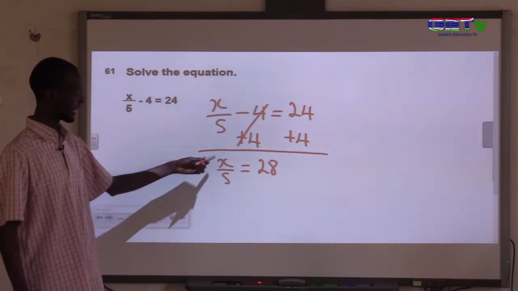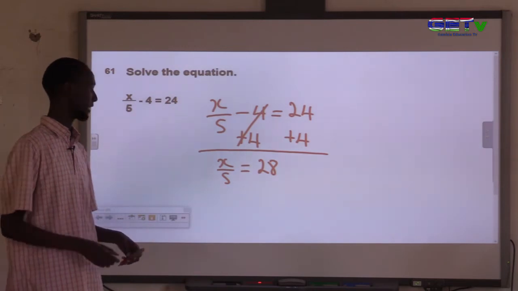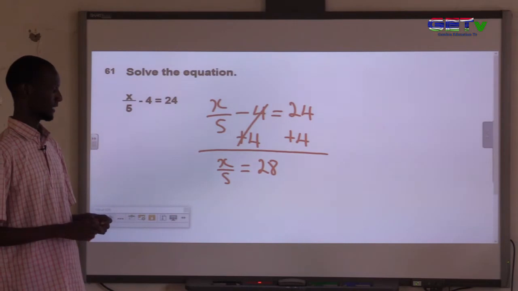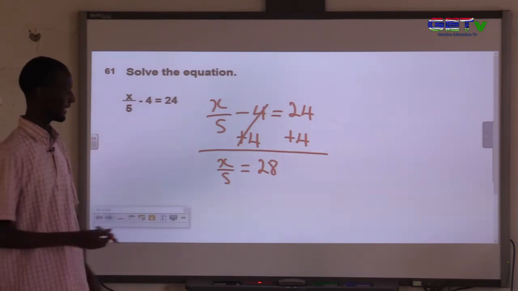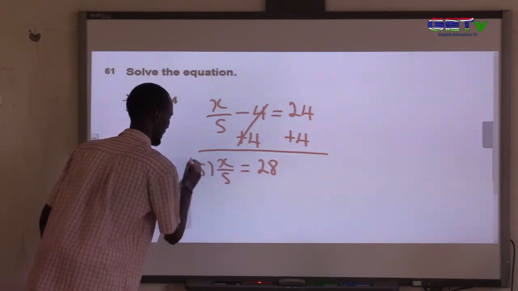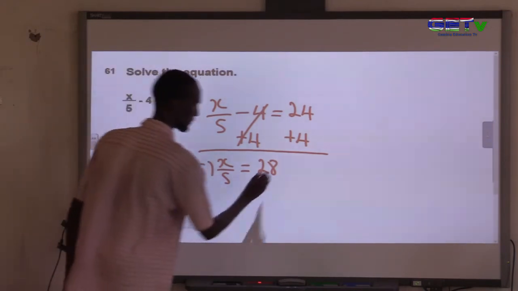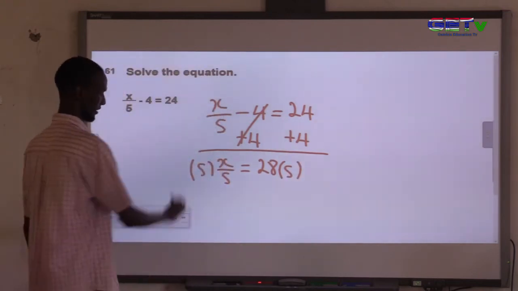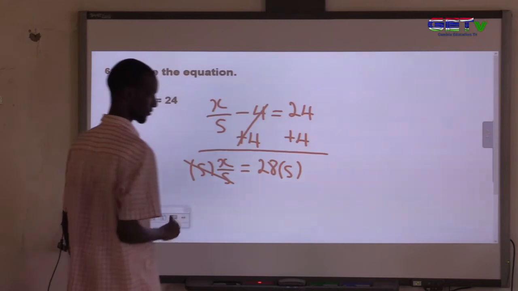But of course, it is x over 5, which is the same as x divided by 5, division. And to undo a division, you multiply. So therefore, I need to multiply this side by 5, and also multiply the other side by 5, so that this 5 will cancel out.